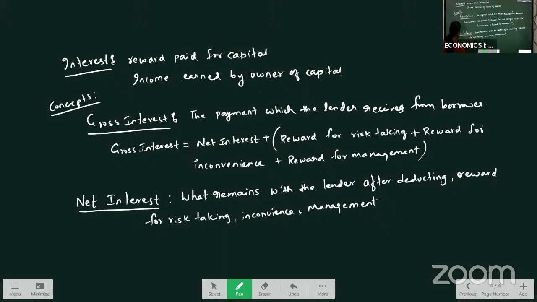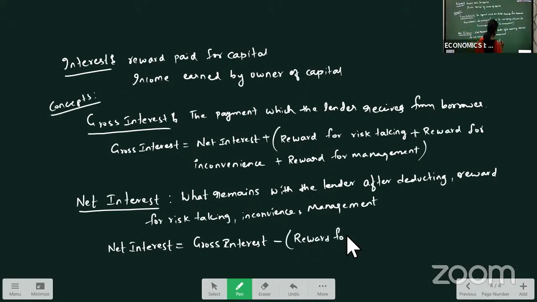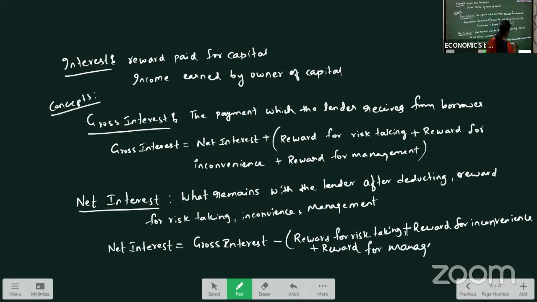So here we can write net interest is equal to gross interest minus reward for risk taking plus reward for inconvenience plus reward for management.